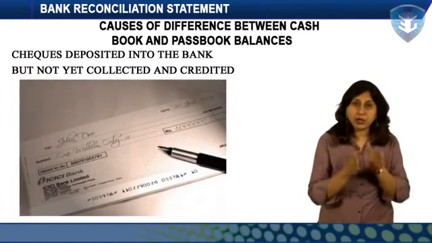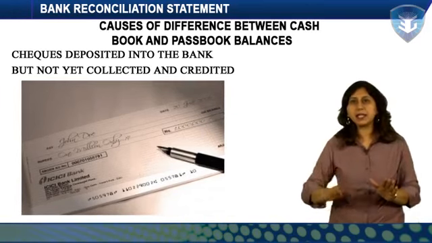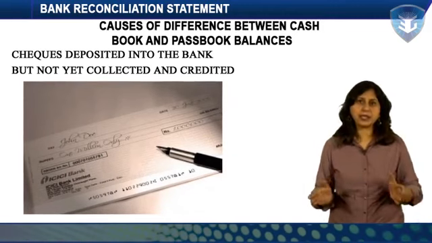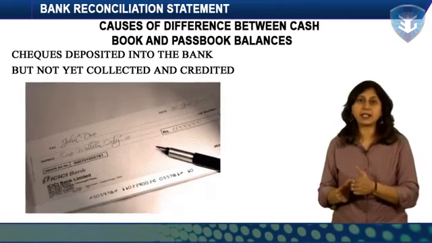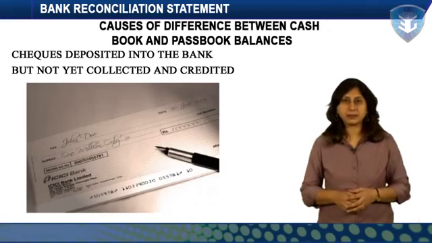However, in the books of bank, the concern's account is not credited until they are actually collected by the bank. It is quite usual that some of the checks deposited by the concern may remain uncollected at the time the bank statement is sent for comparison.